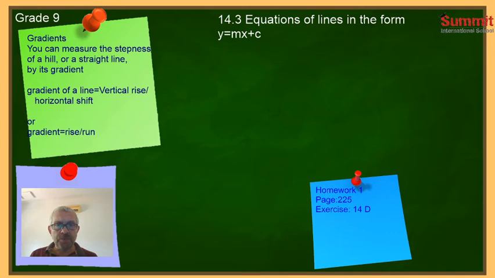Now, let's try to explain this. Let's say we have a line in this form, and we have another line in this form. You can think of this as one hill and this as another hill.